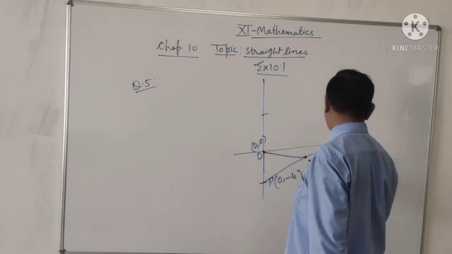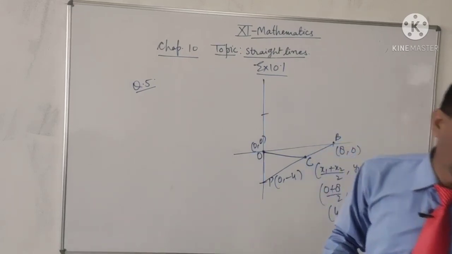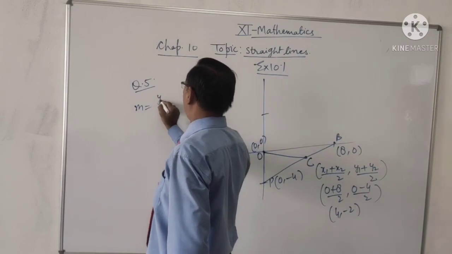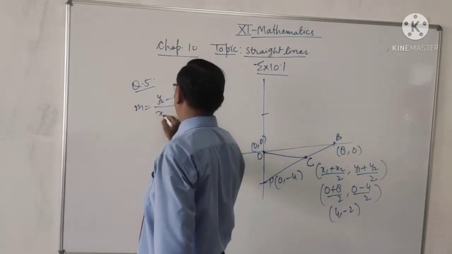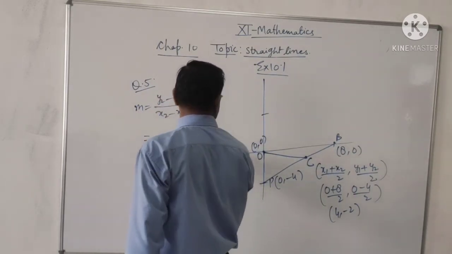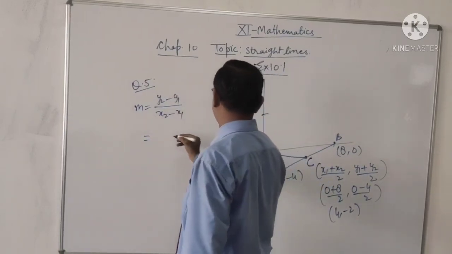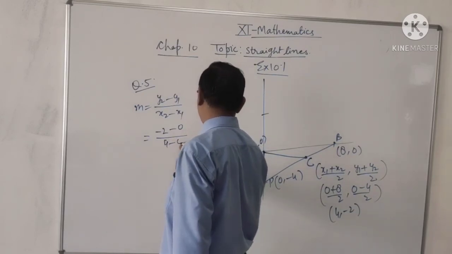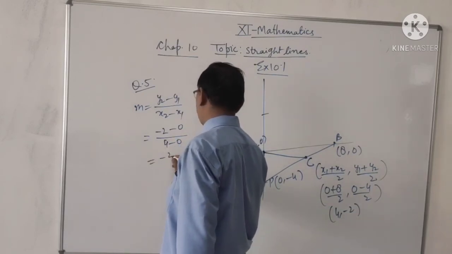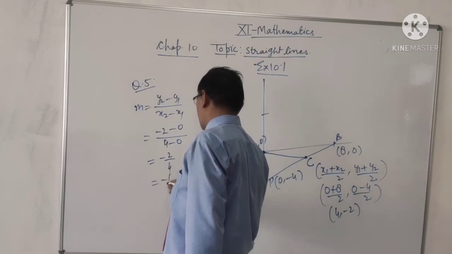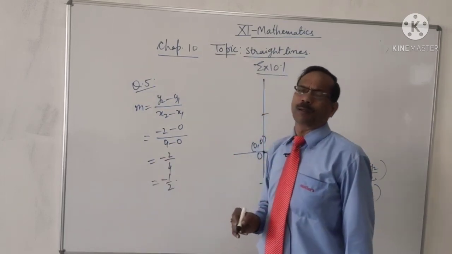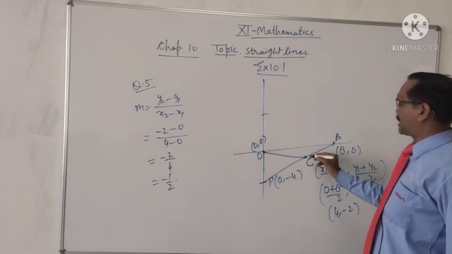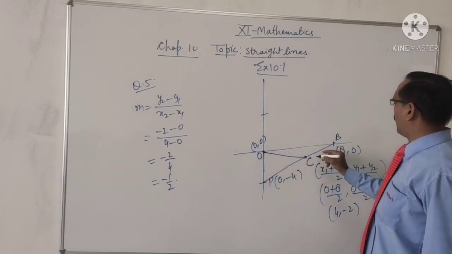Let this point be C. Then slope of OC, m equal to (y2 minus y1) upon (x2 minus x1). y2 is minus 2 minus 0 upon 4 minus 0, or it is minus 2 by 4, and slope is minus 1 upon 2. The slope of the line OC is minus 1 by 2, and C is the midpoint of PB.